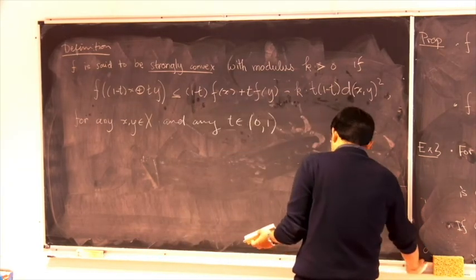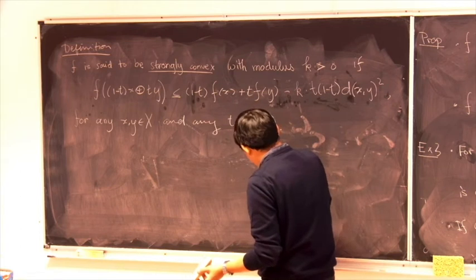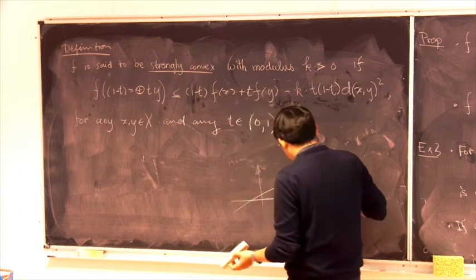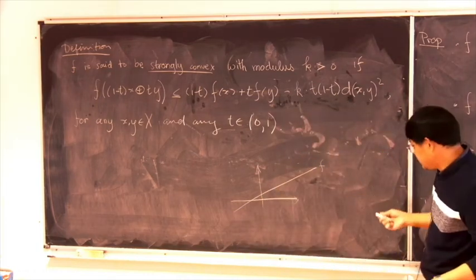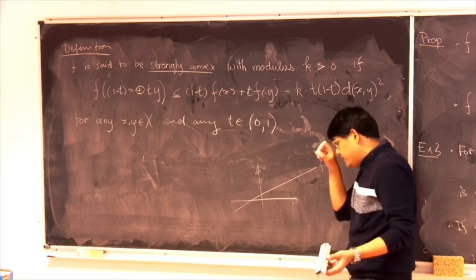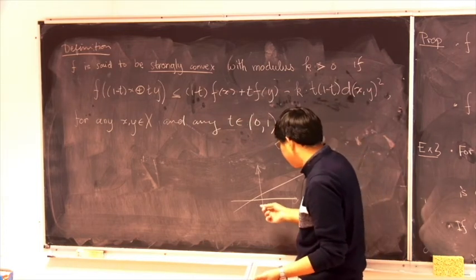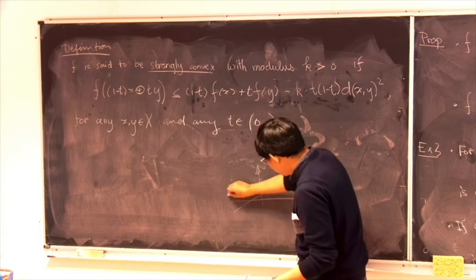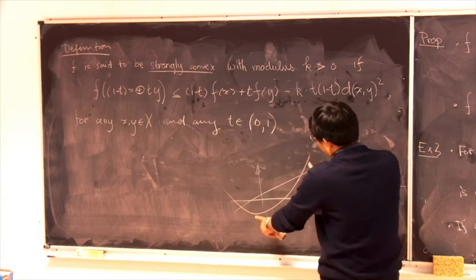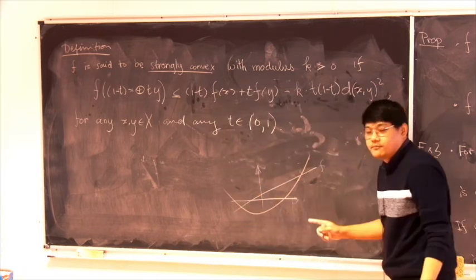And if f is just an affine function, then it's not strongly convex, because whichever parabola you draw, the parabola will go above f.